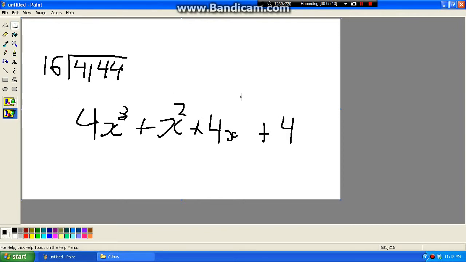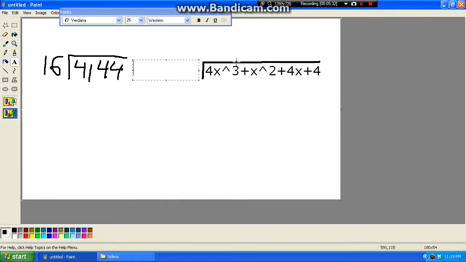If we assume that the x value is 10, then this becomes 4,144. And then we could also be dividing this by x plus 6.